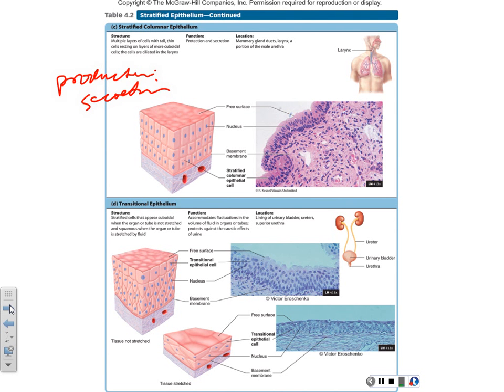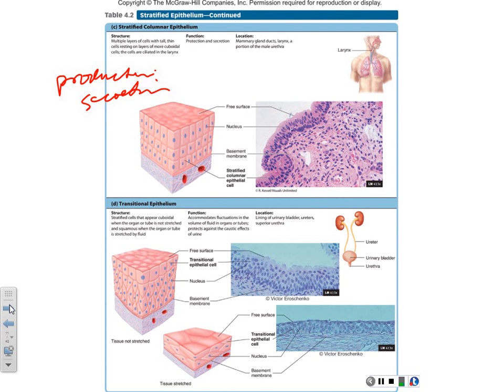And then transition, of course, we talked about the bladder and how they transition from the cube-shaped cells to the flat cells. And layers become less because the cells will kind of stretch and go between themselves, from about the 5, all right, and the ureters as well, okay, and then the superior part of the urethra, right.